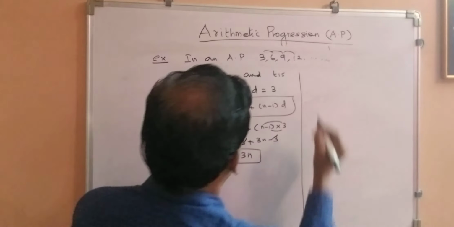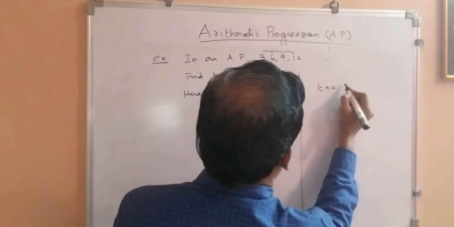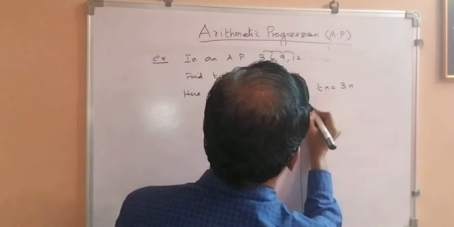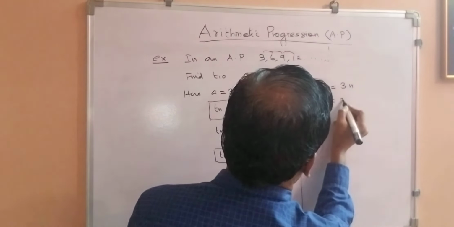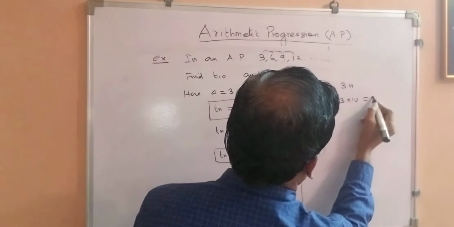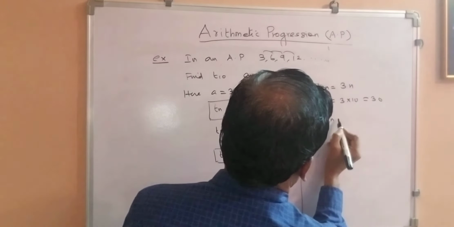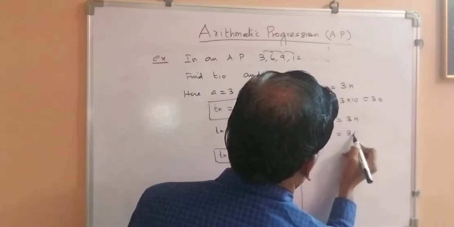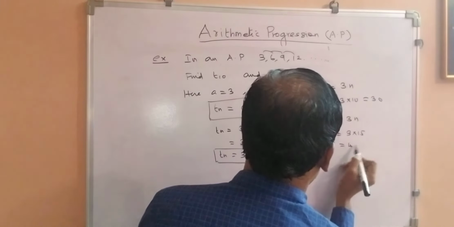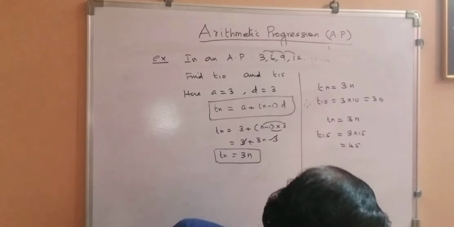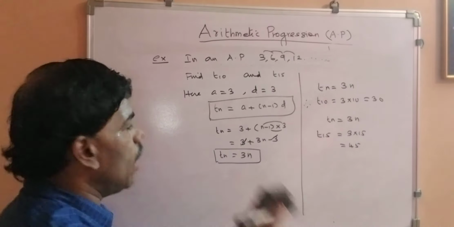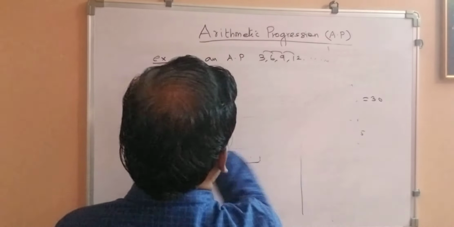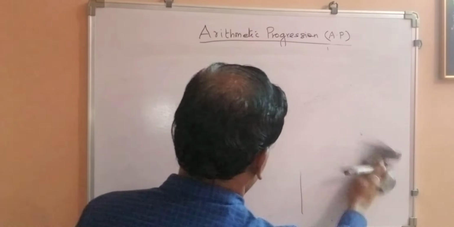Now, Tn equal to 3n. Therefore, T10 equal to 3 into 10, that is 30. Another one, Tn equal to 3n. So, T15 equal to 3 into 15, which is equal to 45. So, easily you can find any term of this particular AP.